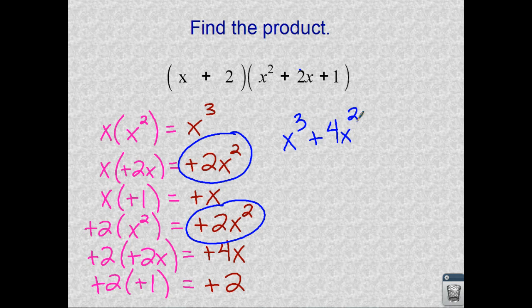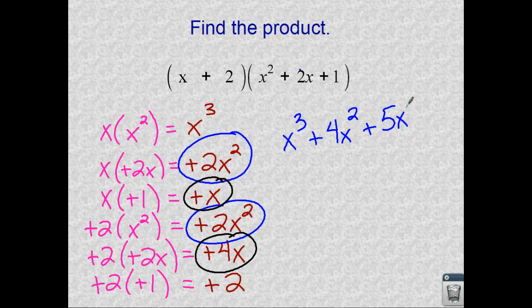Let's use a different color here. x to the first power, I have 1 of them, and I also have positive 4 of them. So positive 1 and positive 4 will get me positive 5x. And then I'm looking for the constants that are left over, and I only have a positive 2 and no partner. So we have a final answer of that very large polynomial.